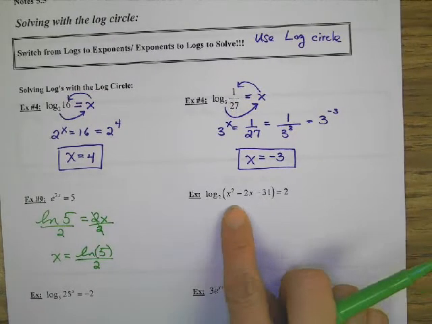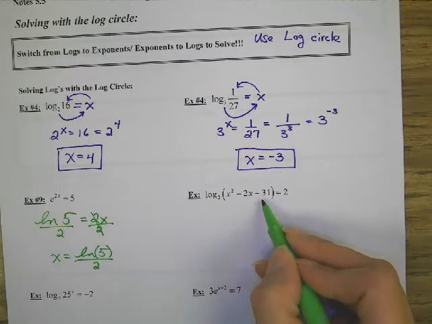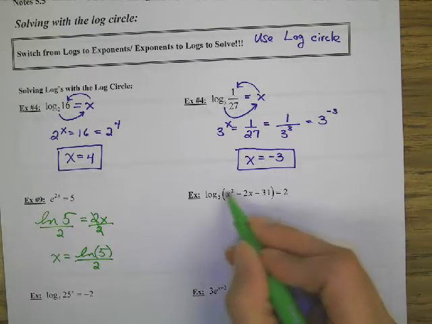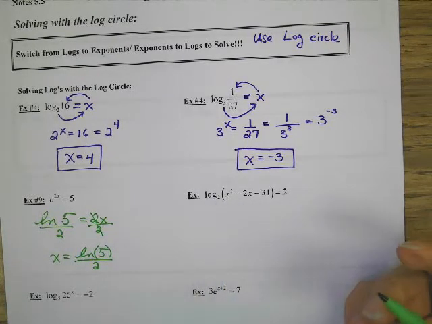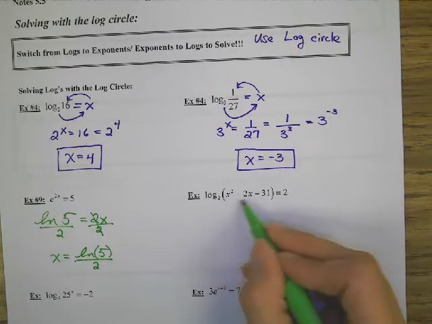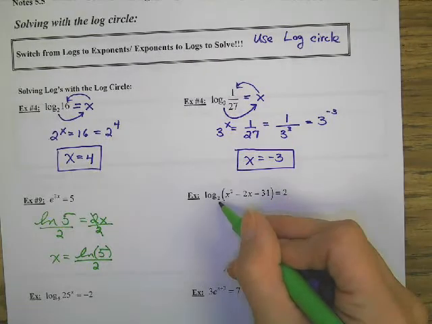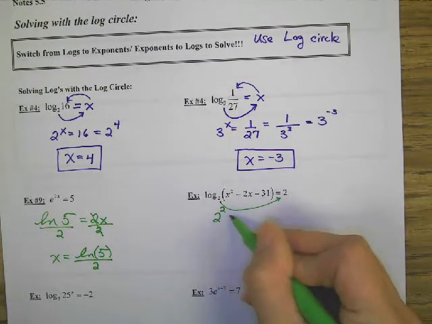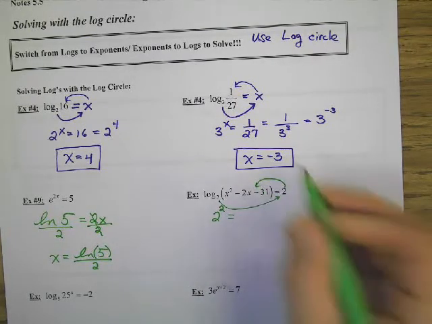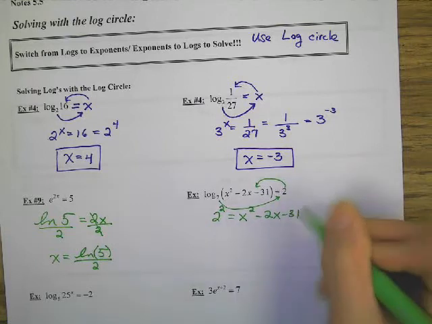Okay. Here's another one for solving. Can you subtract 2 and get it into the "of"? No. Okay, this log has to stay the way it is. So how are we going to get this log and the base 2 to go away? When your x is stuck in a log, you switch to exponent form. So I'm going to take 2 to the power of 2 equals, wow, that whole x squared minus 2x minus 31.